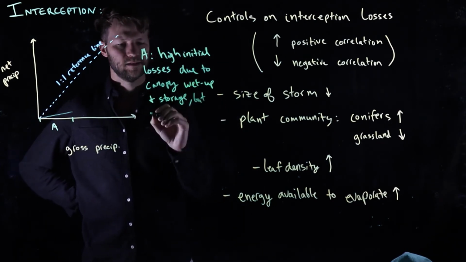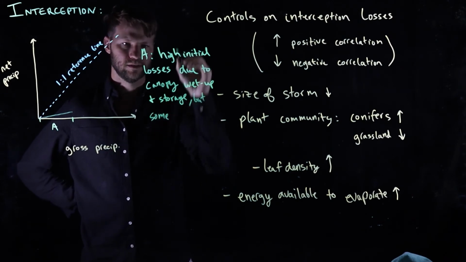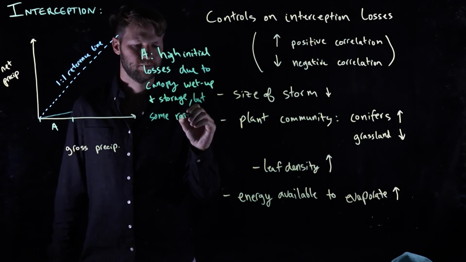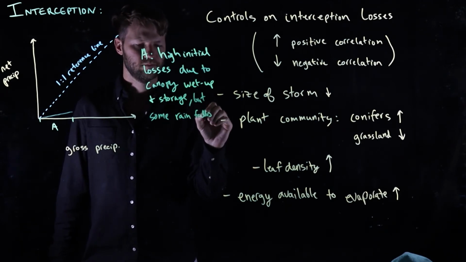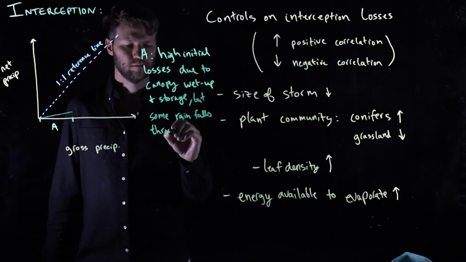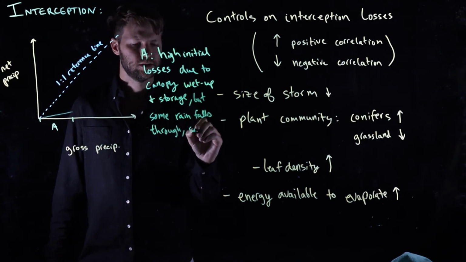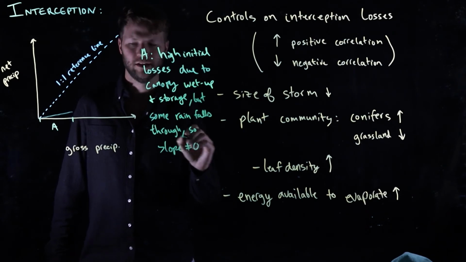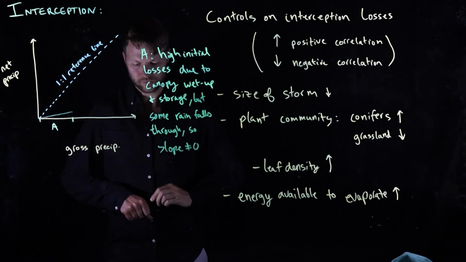But some rain still can drip through the leaves or fall through the leaves without hitting them. So the slope is not actually zero. It's slightly greater than zero.